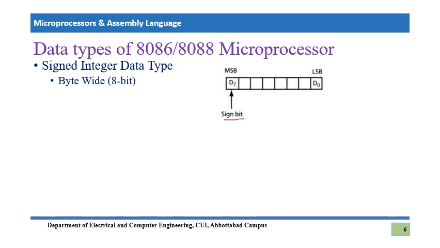If this bit is 0, it is a positive number, and if it is 1, the number is negative. This bit is dedicated just to the sign.